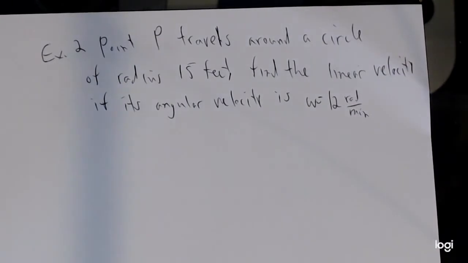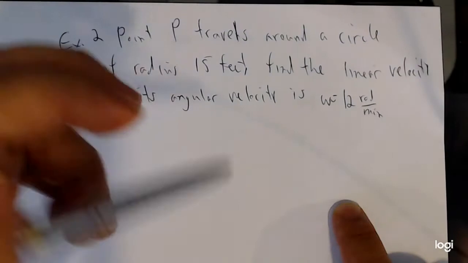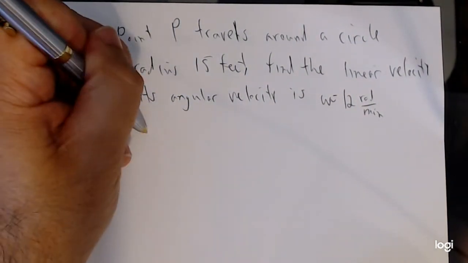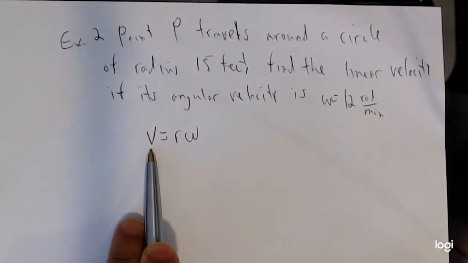The good news here is that we have the angular velocity, and we're asked to find the linear velocity, and we showed that there's a relationship between linear and angular velocity. So I'm going to choose to use v equals r omega, because we're asked to find the linear velocity.